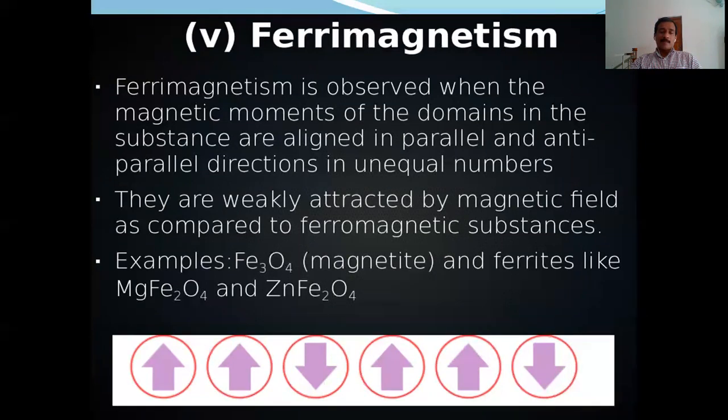Now, ferrimagnetism. Ferrimagnetic substances are magnetic in nature, but their magnetic moments will be less than what is expected. That is due to the irregular alignment of the magnetic moments of the domains. They are weakly attracted by a magnetic field as compared to ferromagnetic substances. Ferrimagnetism is observed when the magnetic moments of the domains in the substance are aligned in parallel and anti-parallel directions in unequal numbers.